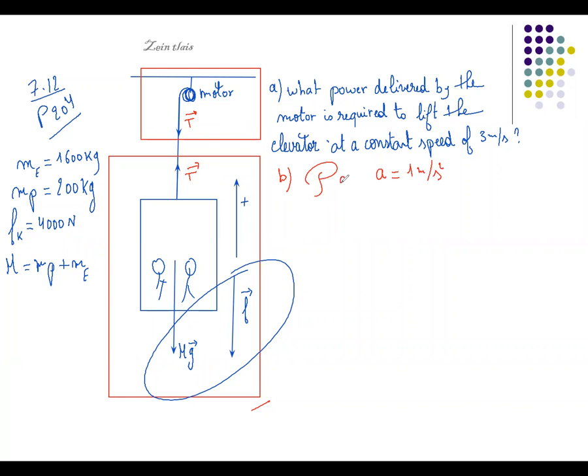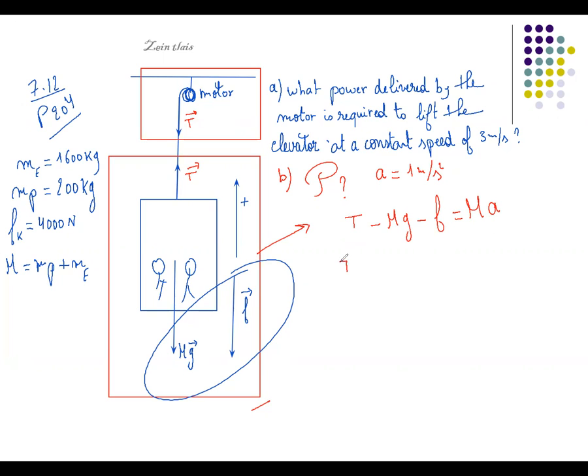We have to find the power. We do the same calculation, but when we talk about the object, T minus mg minus F equals ma, because we have a. v is not constant.